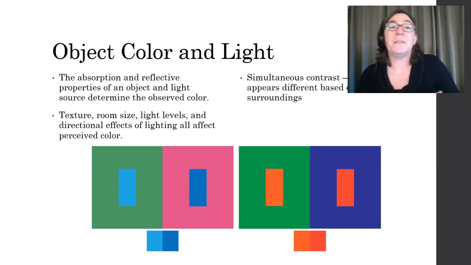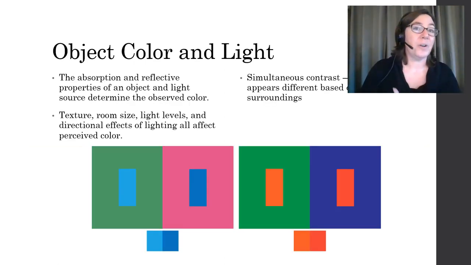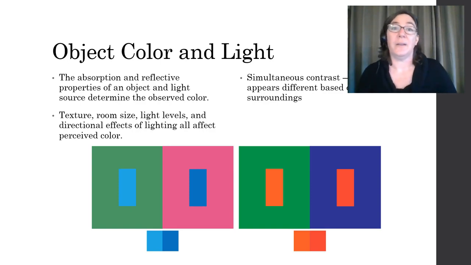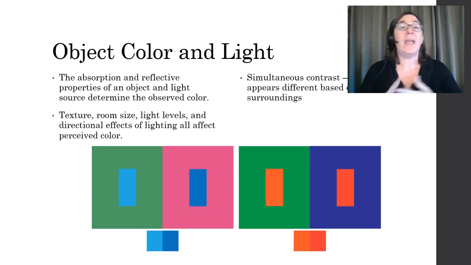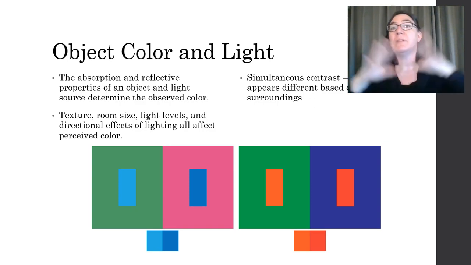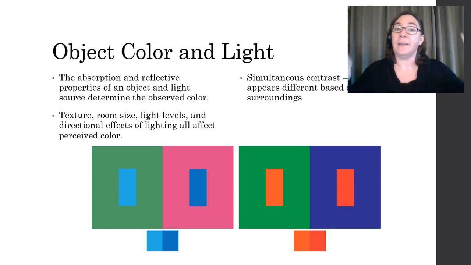So here are some other things that can determine the observed or subjective color of an item: texture, room size, light levels, and the directional effects of lighting. That's going to be brightness and glare and reflection.